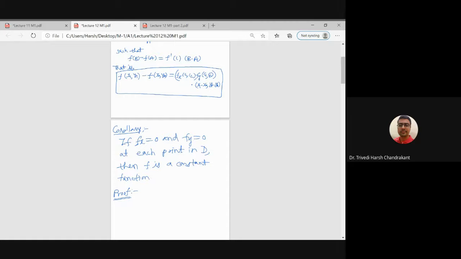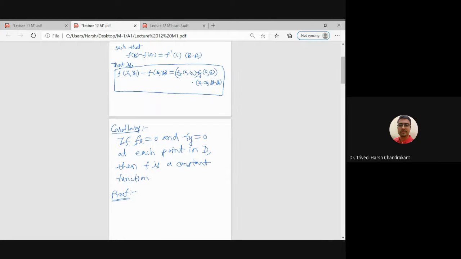The mean value theorem says that f(x1, y1) minus f(x0, y0) is equal to (fx, fy) taking the scalar product with the vector (x1 minus x0, y1 minus y0).